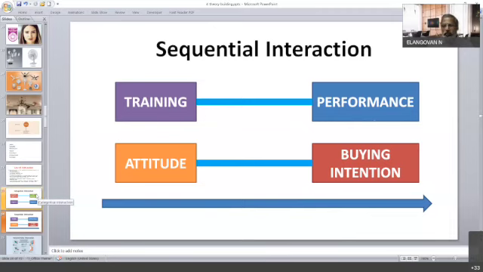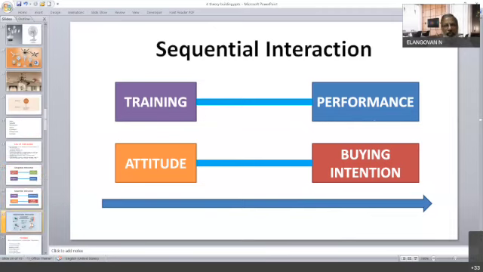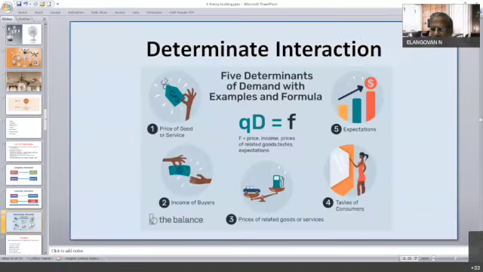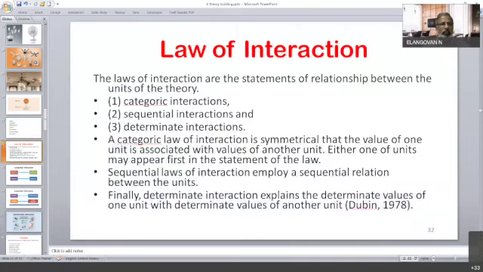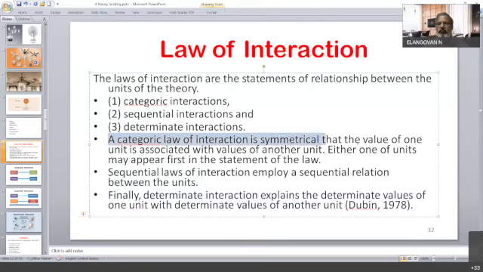But the same thing can be a determinate interaction. Determinate interaction is what Sir was asking. It determines, that is, the value of this will determine the value of the other one. That is what you can see. A categorical law of interaction is symmetrical, that the value of one unit is associated with the value of the other unit.